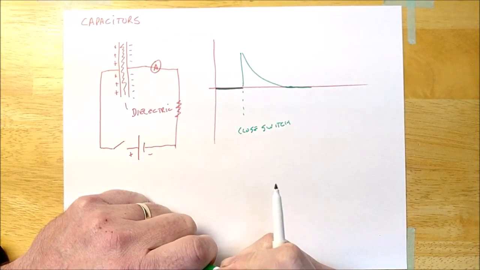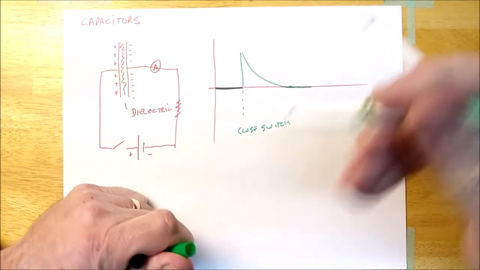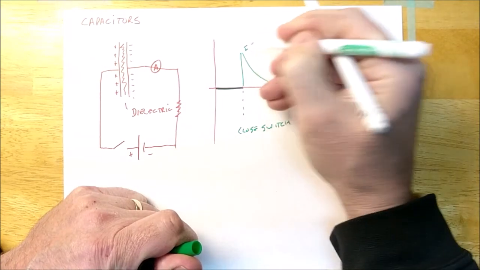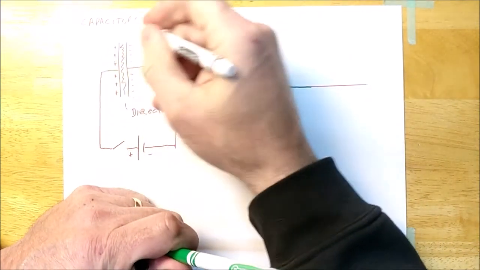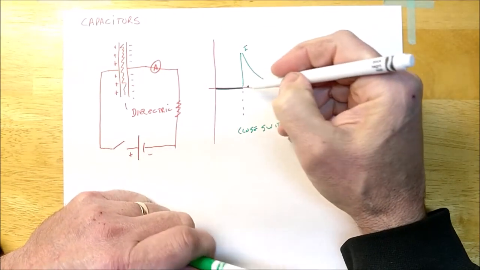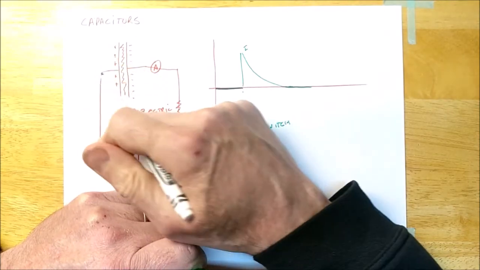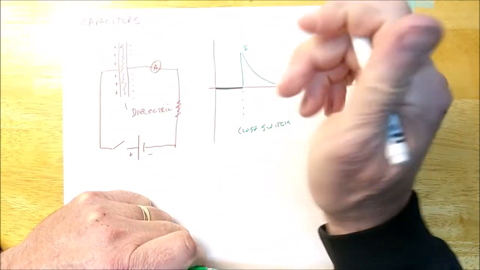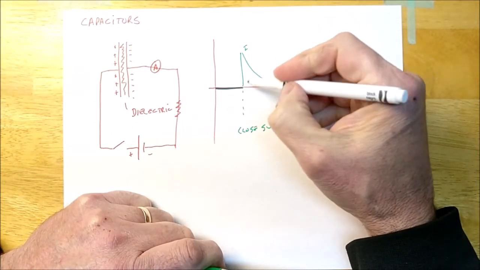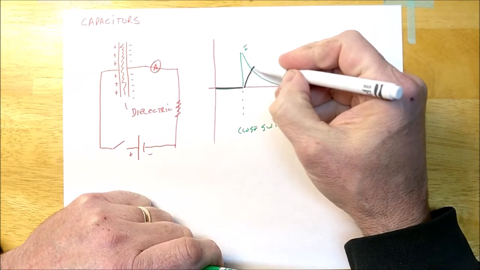If I take a look at the voltage at the same time, let's mark that current here. Put a voltmeter across this capacitor. What I see is, as those electrons are making their way over here and these ones are leaving, the potential difference across that plate is increasing, and so I get this curve that looks like this.